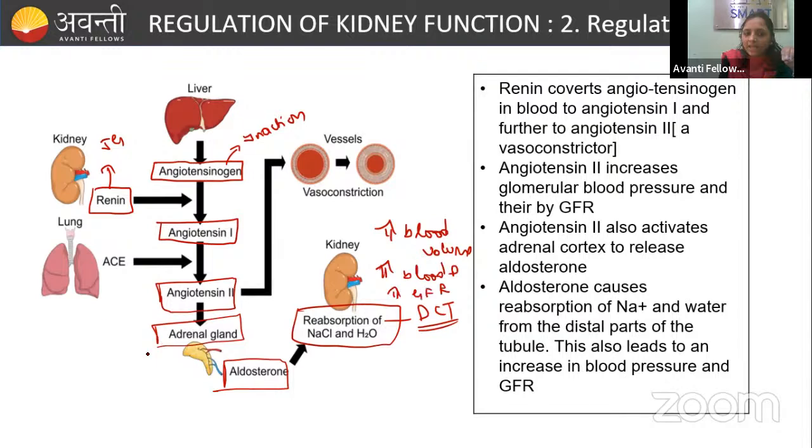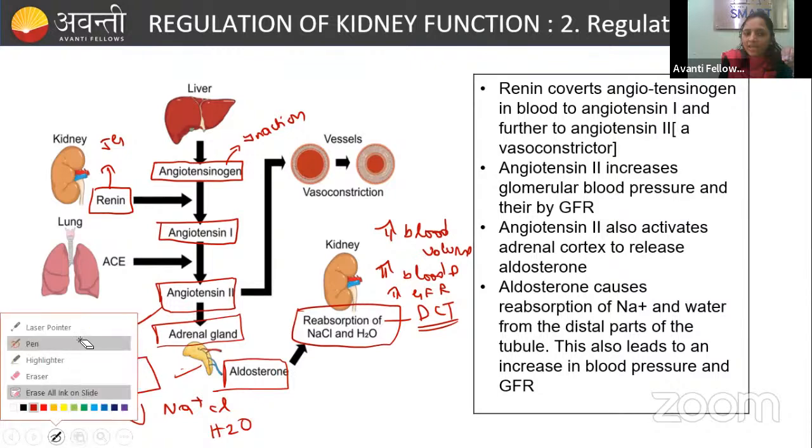And here you can see, other than this, the angiotensin also acts, this RAS mechanism is also going to act on the proximal convoluted tubule, and it will lead to the absorption of sodium chloride and water in the proximal convoluted tubule, where it is releasing the ADH.